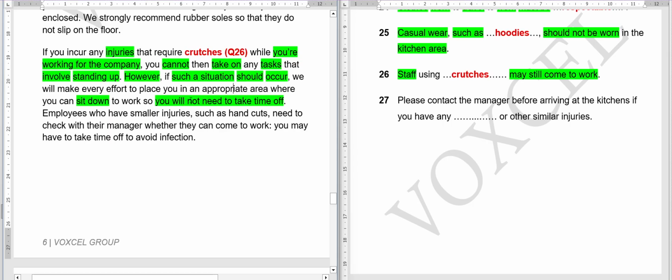They will be placed in an area where they can sit down to work, so they do not need to take time off, they do not need to sit at home, they can still come to work if they are injured. I hope it is clear, it makes sense.